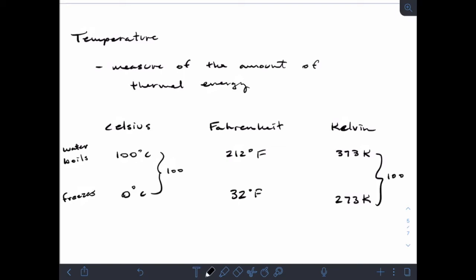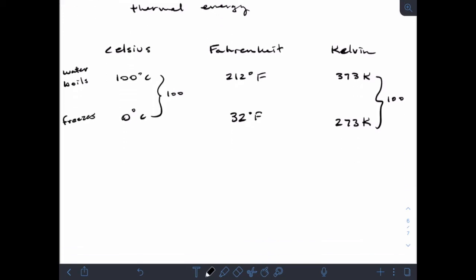Now with Fahrenheit, it's something entirely different. So it's something like 100 and almost 200. I'm not going to do that mental math off the top of my head. So 1 degree change in Celsius equals 1 Kelvin change.